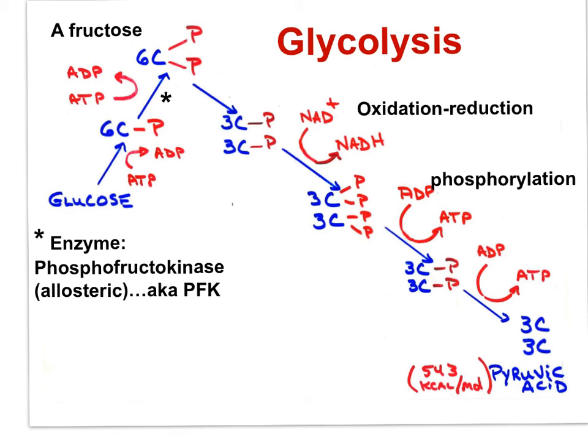NADH is known as a coenzyme, and it serves to carry electrons. This should take you back to an earlier IB syllabus statement. NADH is an electron carrier. Pyruvate or pyruvic acid is the end product of glycolysis. Remember, glycolysis happens in the cytoplasm.